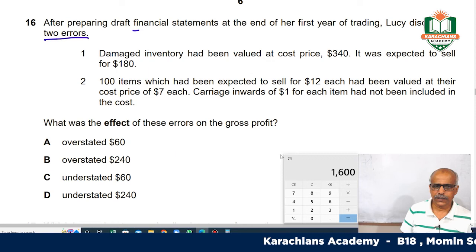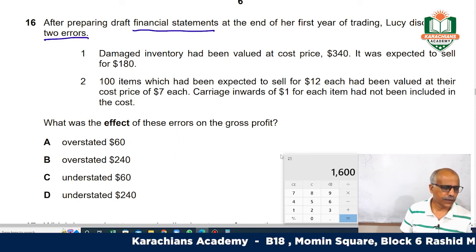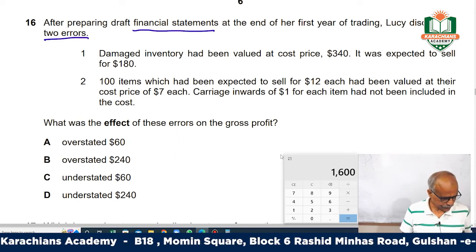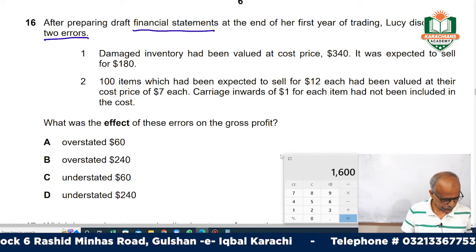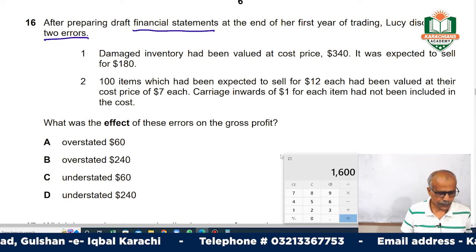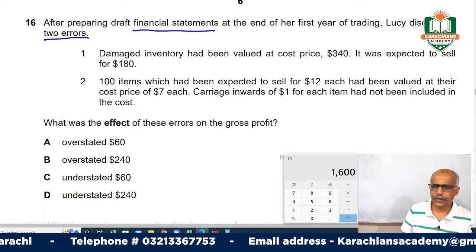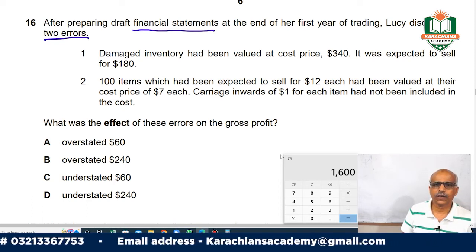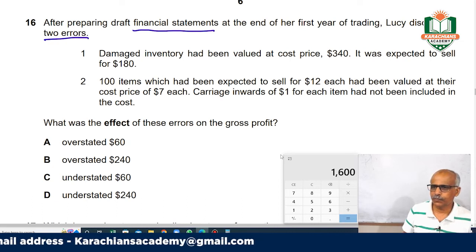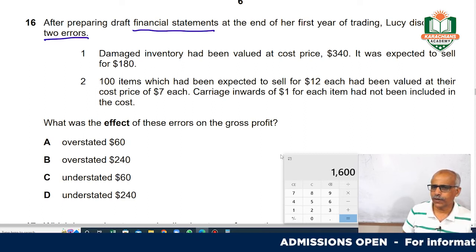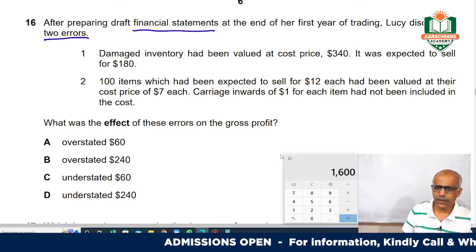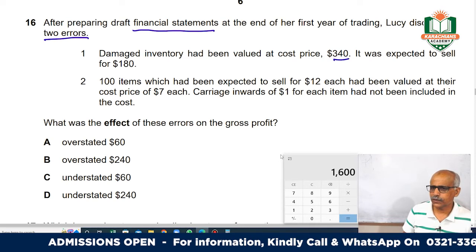Actually, she has already made her financial statement and has come up with a draft trading profit. But after calculating this, she got to know two errors. What? Damaged inventory had been valued at cost. There was some inventory damage and its cost was 340.